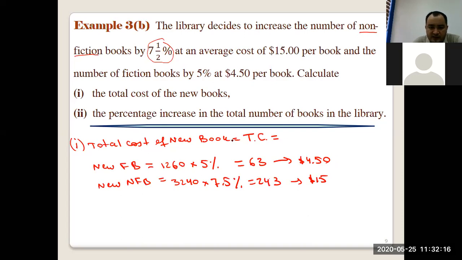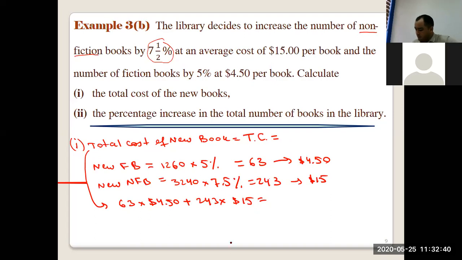So now to answer this question, the total cost, right? So this one is 63 times 4.50 plus, and this one is 243. Each book costs on average $15. So we have to spend this much money to buy these new books.